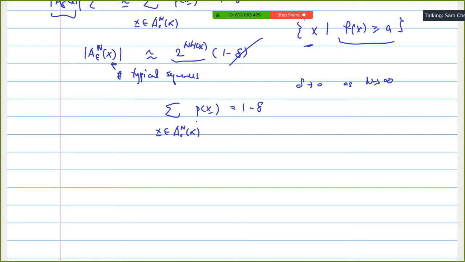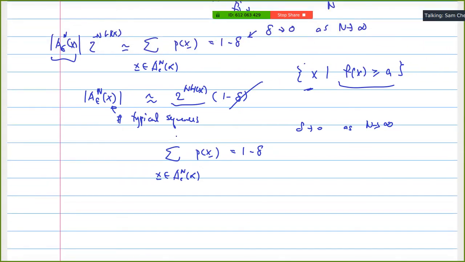Now, remember the definition of the typical sequences, simply satisfying p(x) is 2 to the minus n(H(X) plus epsilon).